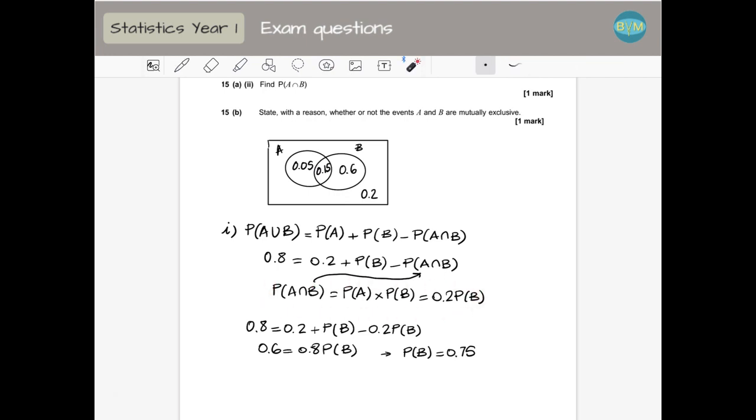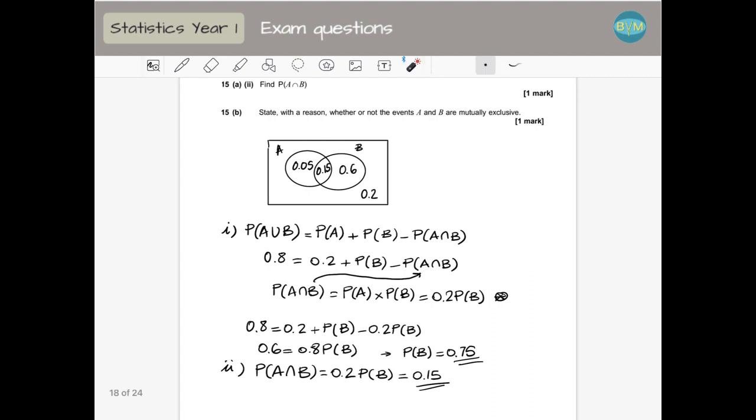So we have probability of the intersection is 0.2 times probability of B, which is 0.75, so it is 0.15. So this is probability of the intersection, this is probability of B.